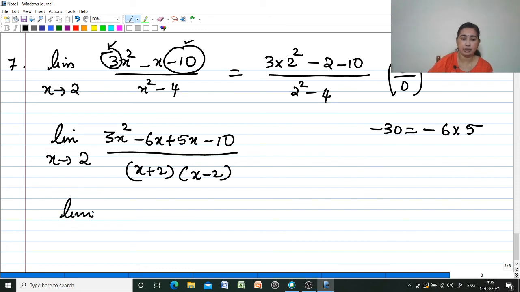That is, limit x tends to 2. Here 3x is common, remaining x minus 2.